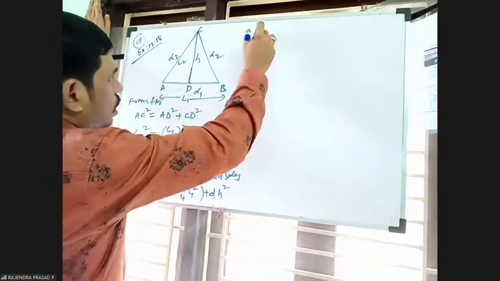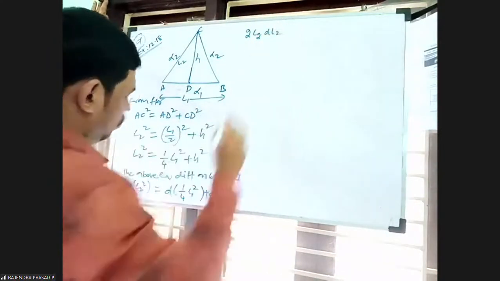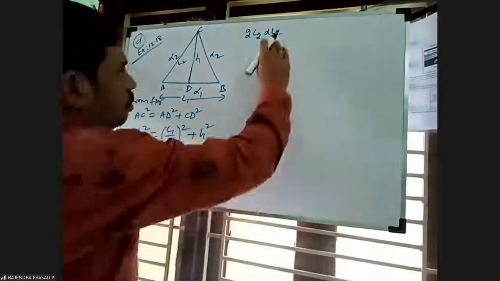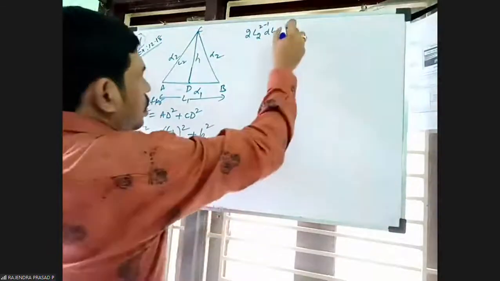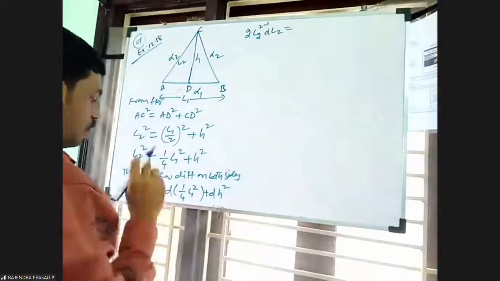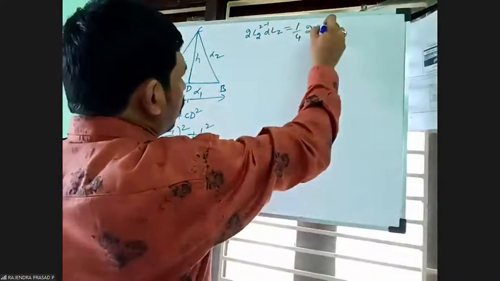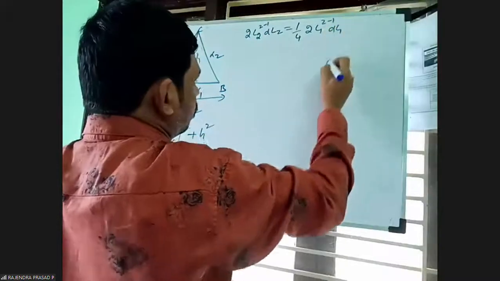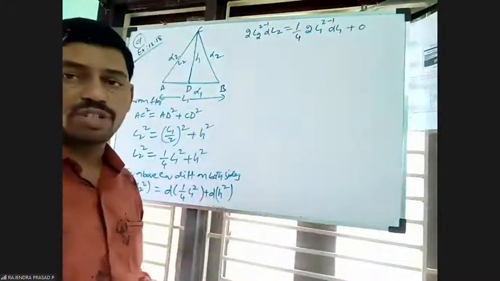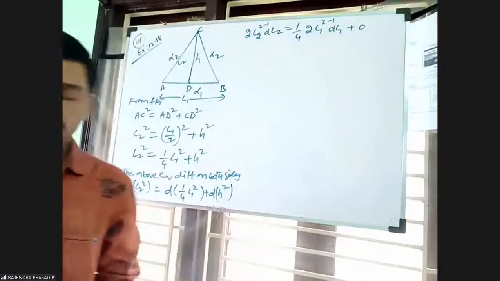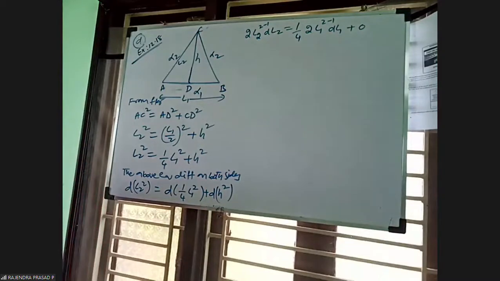2 L2 to the power 2 minus 1 into DL2 equals 1 by 4 into 2 L1 to the power 2 minus 1 into DL1 plus 0, because differentiation of a constant term is 0.